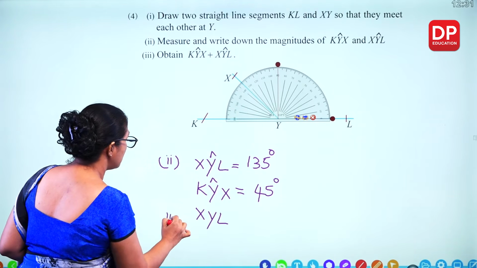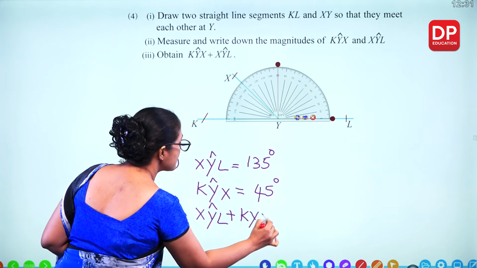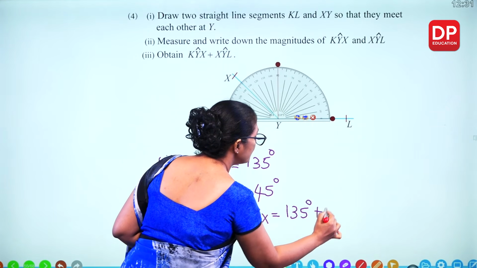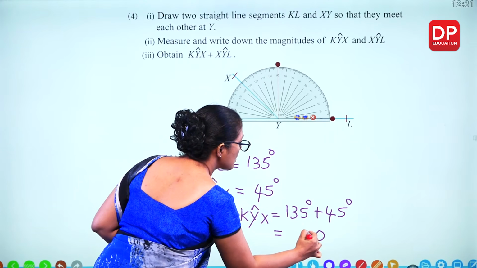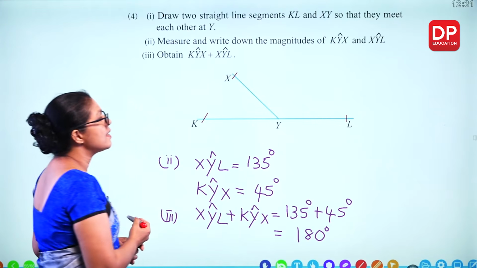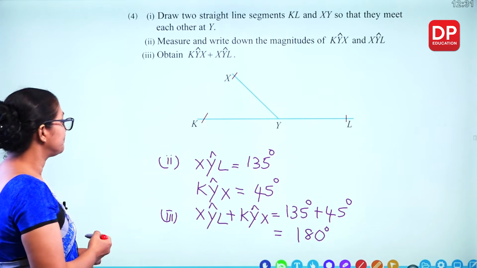XYL angle plus KYX angle is 135 plus 45. We get 180 degrees. That's a straight angle because KL is a straight line.